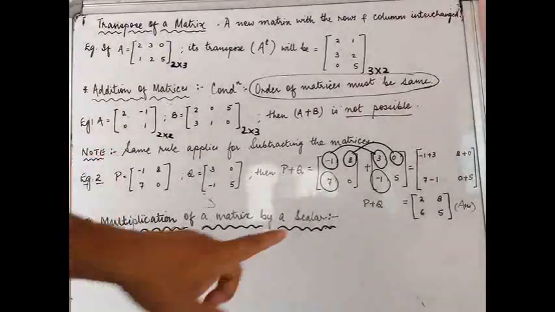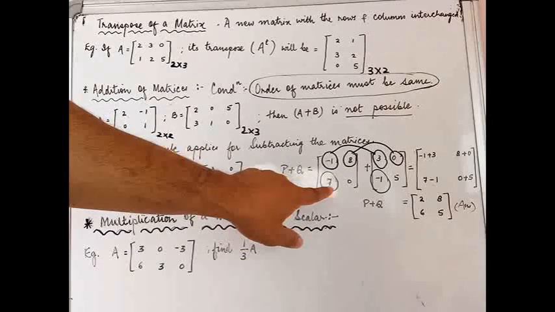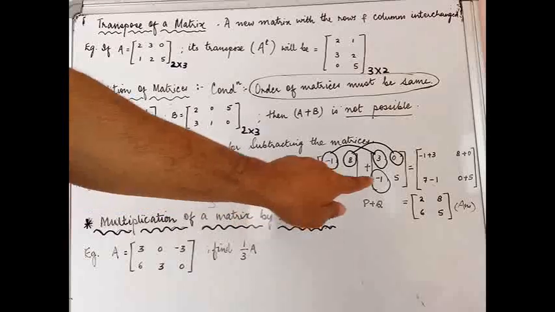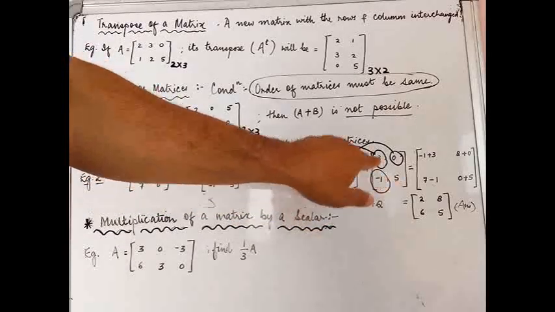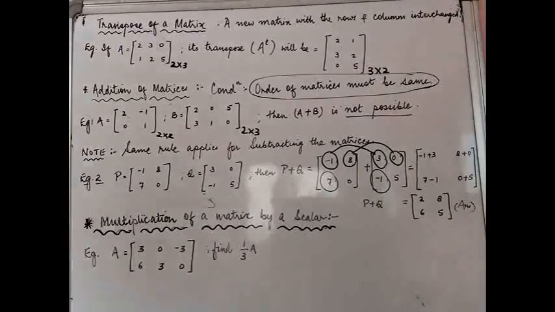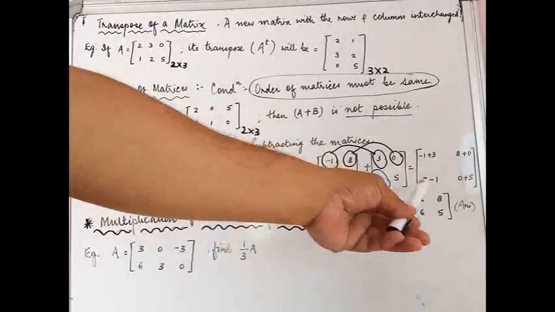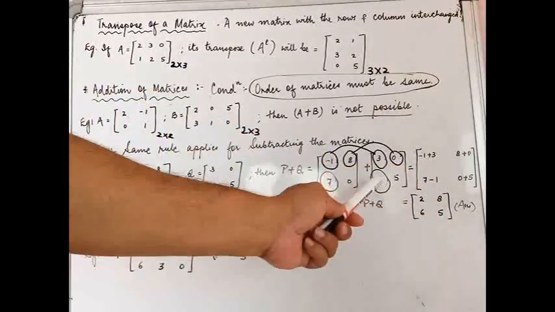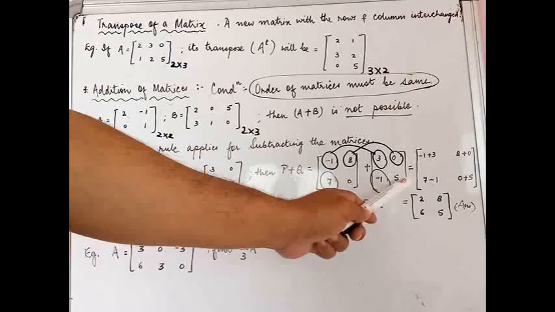Why corresponding? Because this 7 is the first element of the second row. Similarly, this minus 1 is also the first element of the second row in the other matrix. So this 7 will get added with minus 1, so 7 minus 1, because there is already a minus sign over here. And then this 0 gets added with this 5.